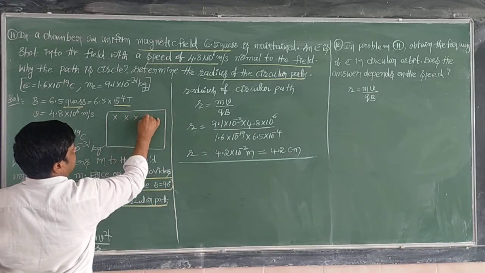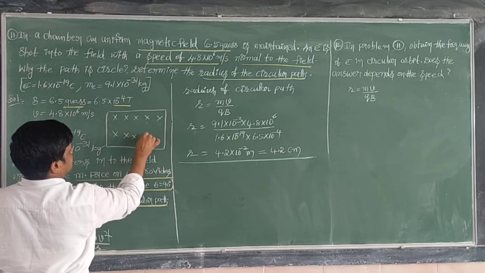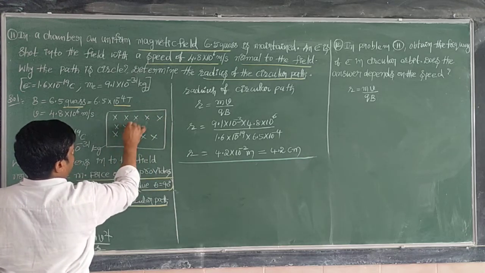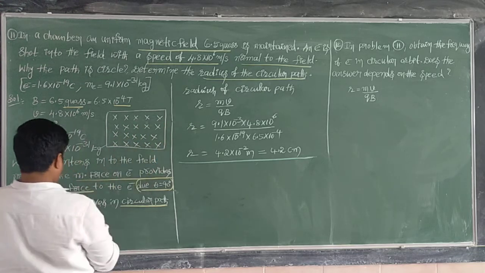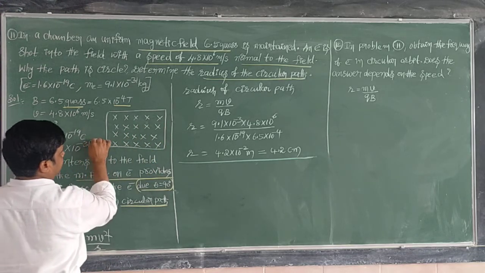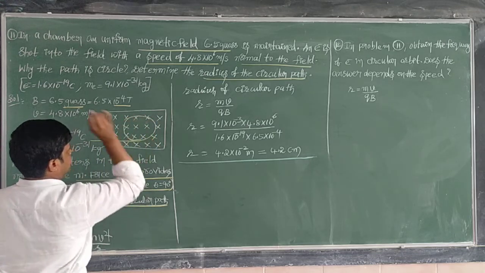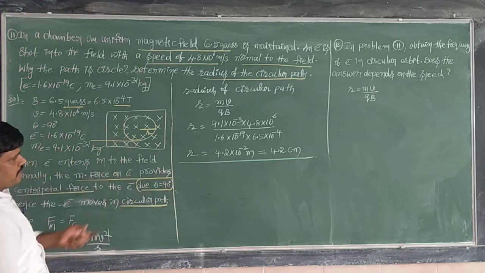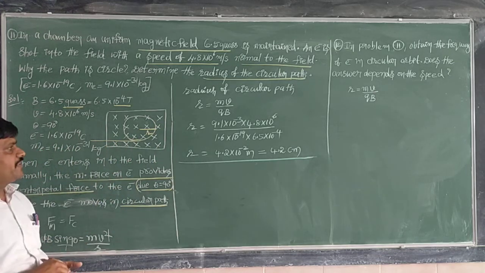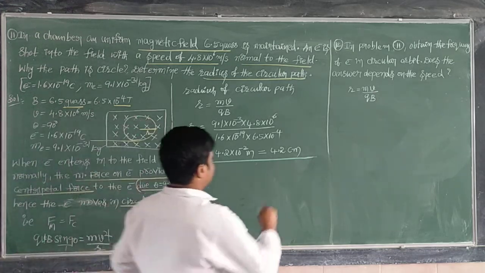The magnetic field direction is perpendicular to the plane of the board, inward. When the charged particle is shot with a velocity, it undergoes circular motion like this. We have the radius of the circular path; now we need the frequency of the electron in this orbit.